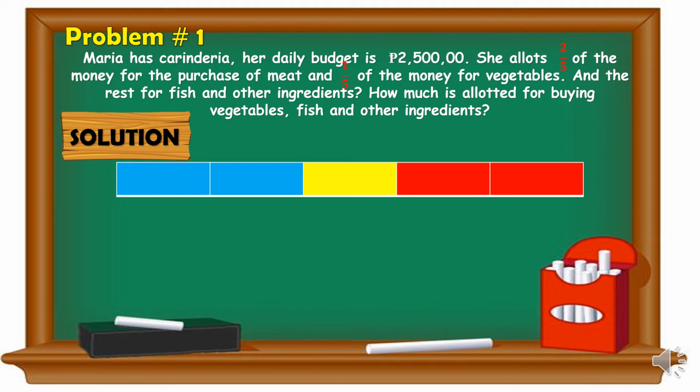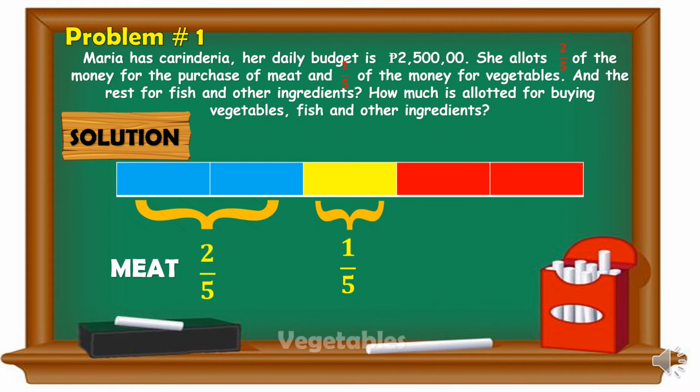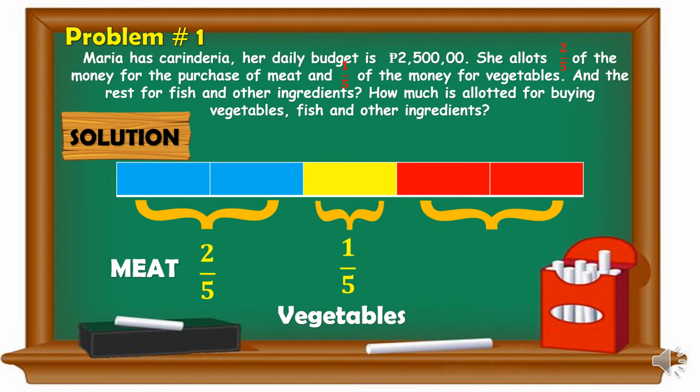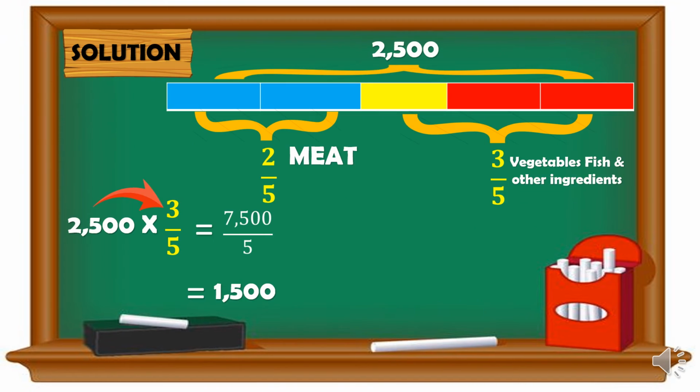So we have here the representation of the budget. That is 2/5 for the meat, and then 1/5 for the vegetables, and then the rest is for fish and other ingredients. Okay, so let us now solve.